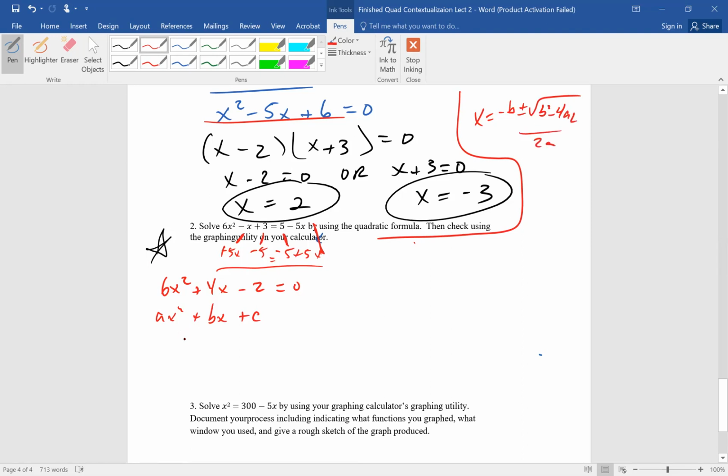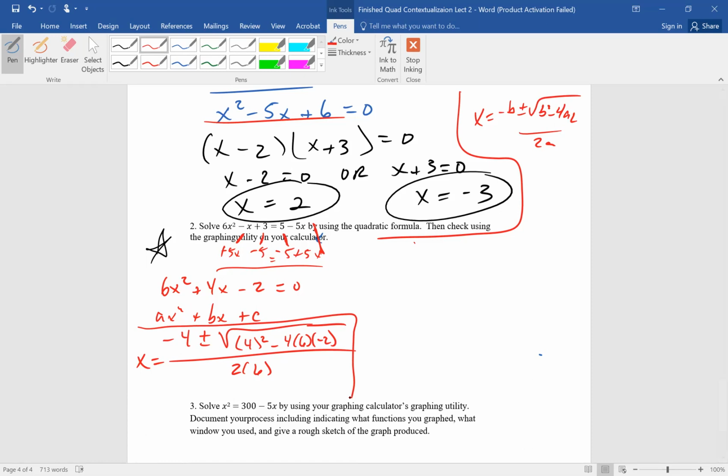So opposite of b is minus 4 plus or minus the square root of 4 squared minus 4 times 6 times negative 2, all over 2 times 6. That's how you do it using the quadratic formula, and you should get the same answer that we get using your calculator.